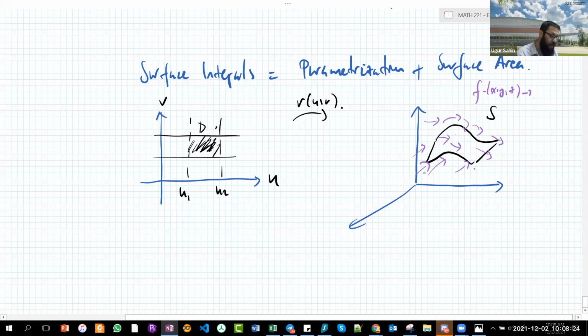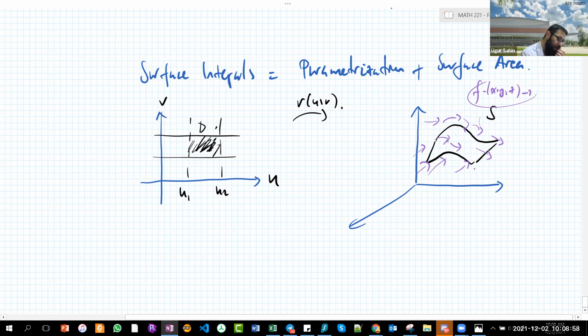And then I'm wondering this question: how much fluid flows through, across the surface? This is a question where I need to take into consideration F as well as the surface.